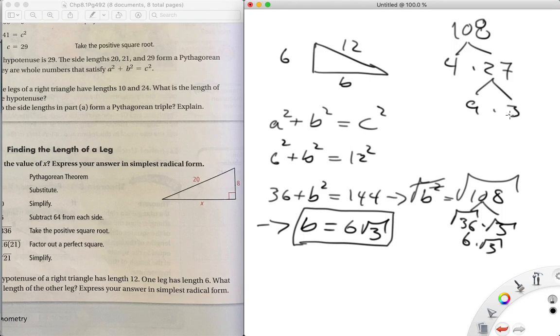So I have 2 perfect squares, a 9 and a 4. I multiplied the 9 times the 4 to get my 36, and then I just threw the 3 in there. Try to pull out as many perfect squares as you can in your radical form, and then multiply those perfect squares together, and that tends to get you your answer.